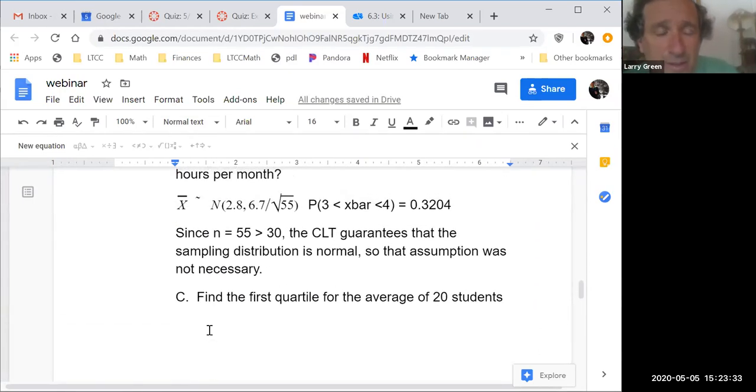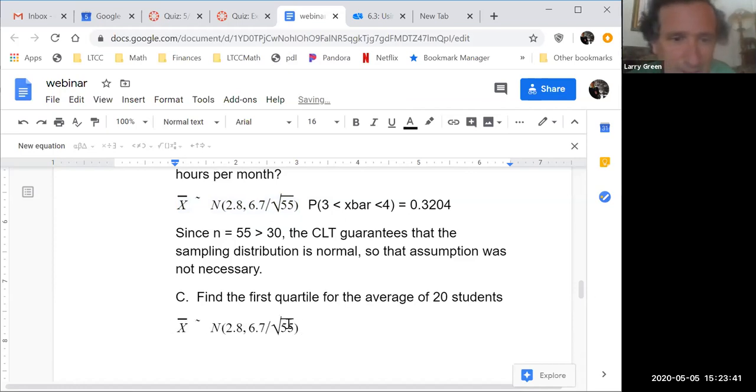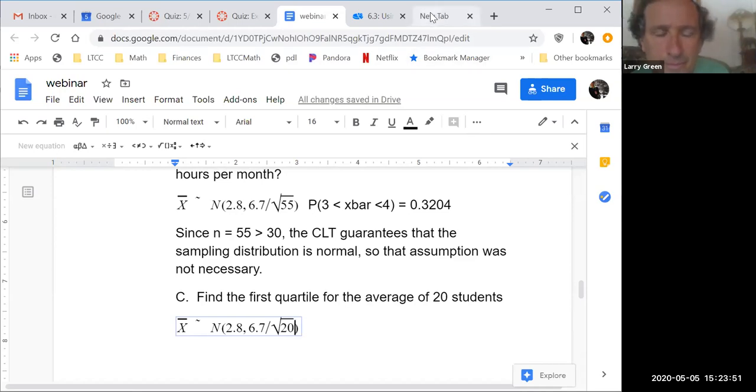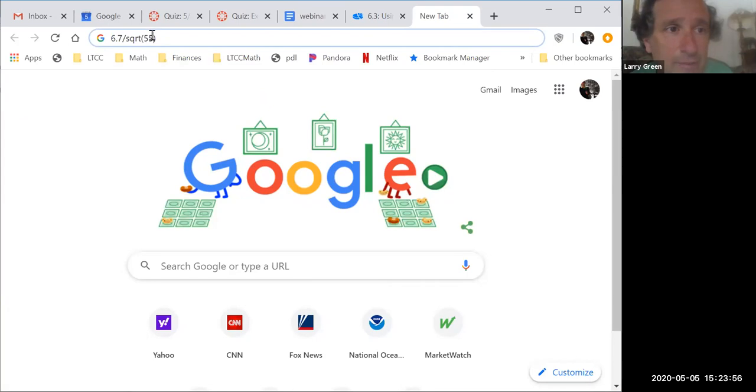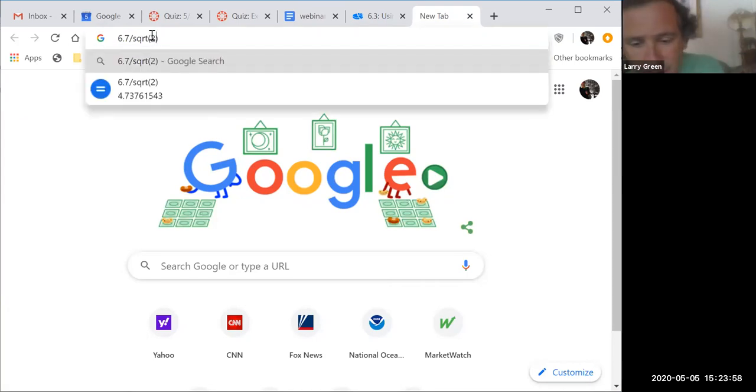So now what we do is very similar, but that's not going to be 55 anymore. I'm just going to copy and paste because I only have 2 minutes left. Instead of 55, it's over root 20. And then I'm going to make that 55 a 20. And you get 1.498.